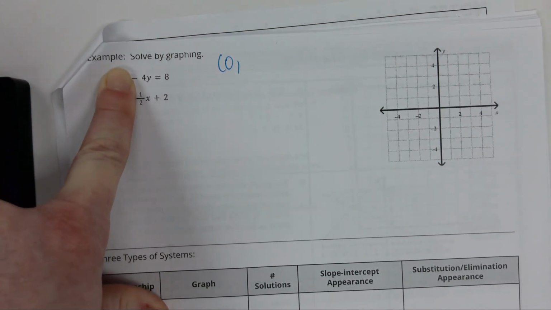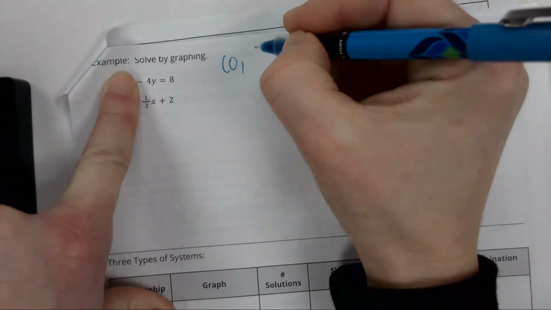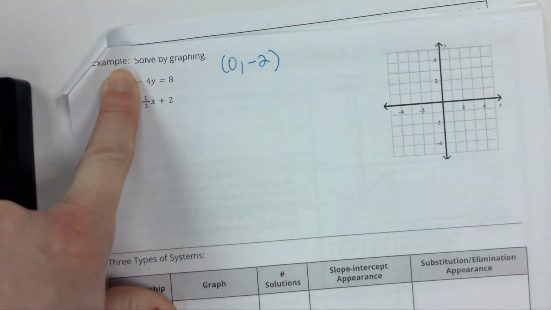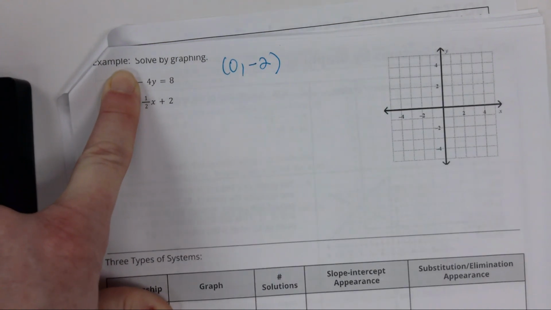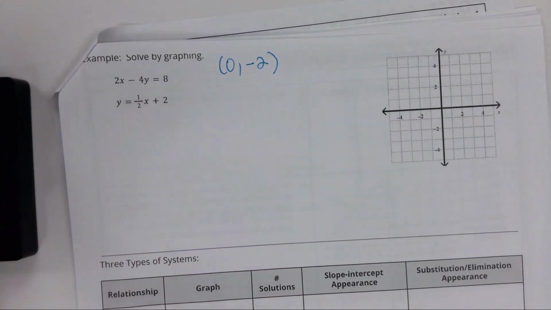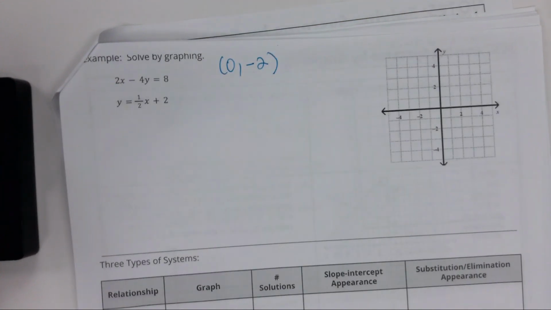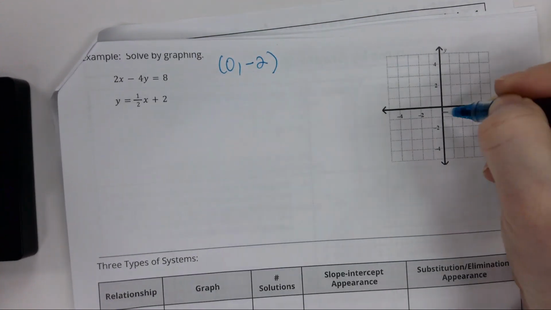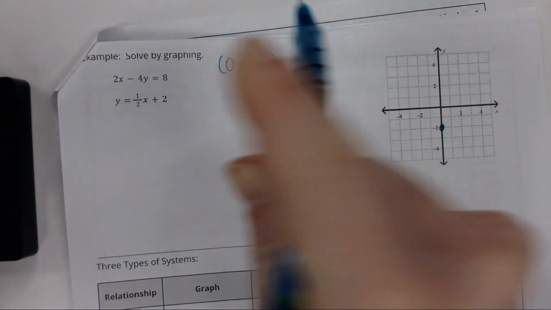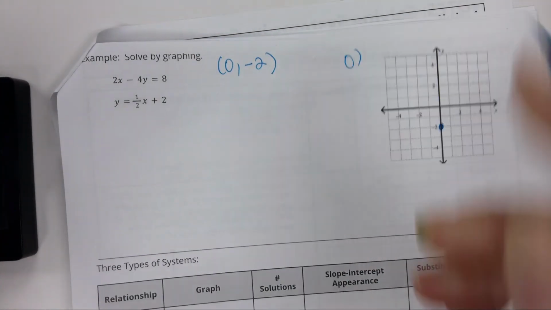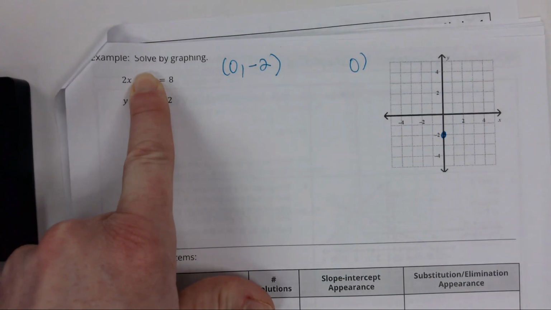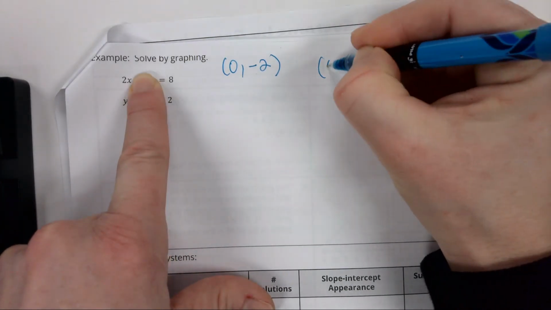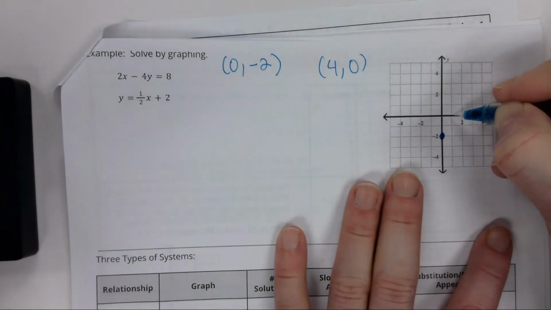Careful. -2. So 0, -2. All right, now I'm going to put 0 in for y. Cover up the y. What should I divide by this time? 2. I get a 4. Let's graph that line.